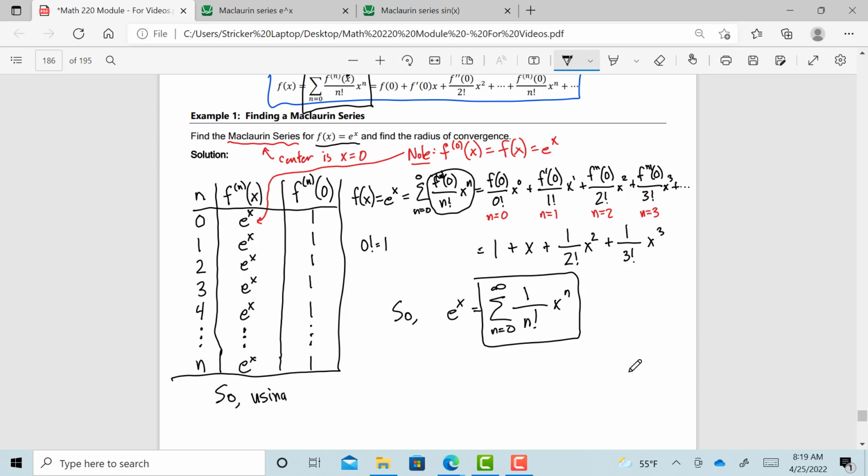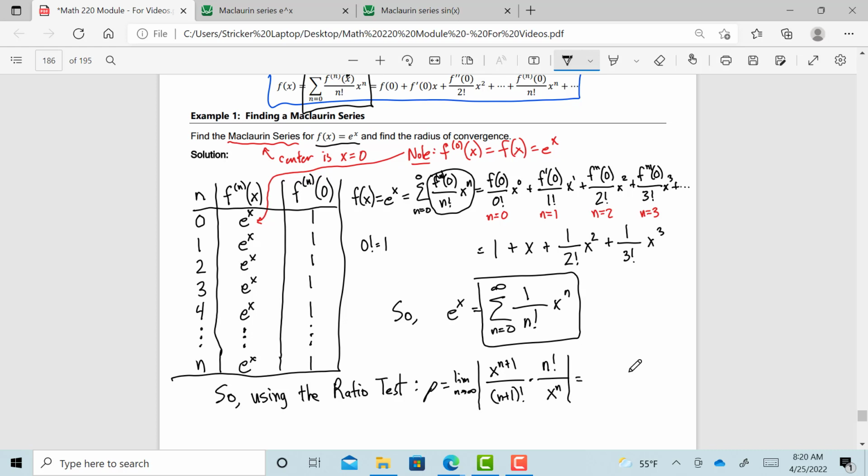Using the ratio test, we have that rho is equal to the limit as n approaches infinity of x to the n plus 1 over n plus 1 factorial times n factorial over x to the n.